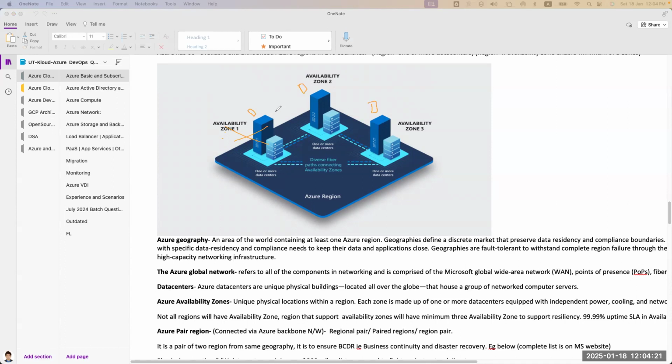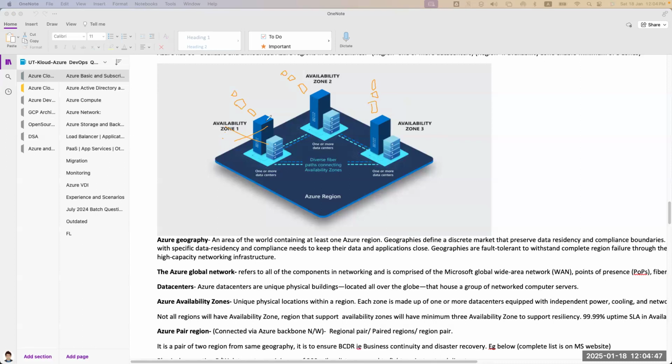So instead of hosting all 9 servers here, I will host servers like this: 1, 2, 3, 4, 5, 6, 7, 8, and 9. This is not compulsory. Just because you're using a region which has availability zone, that does not mean you have to set up your application like this.